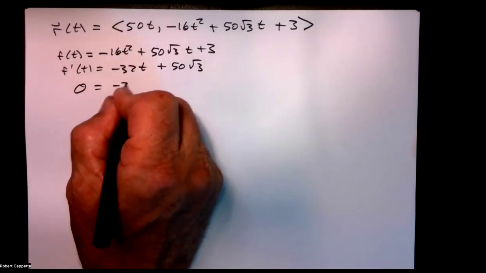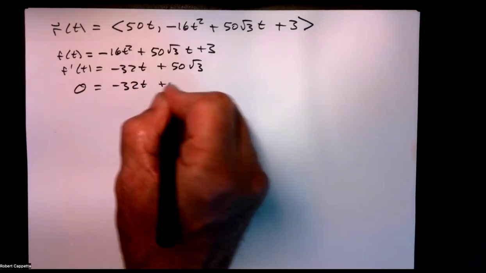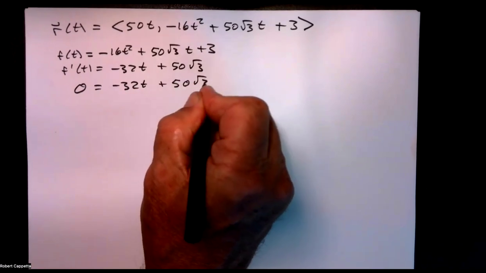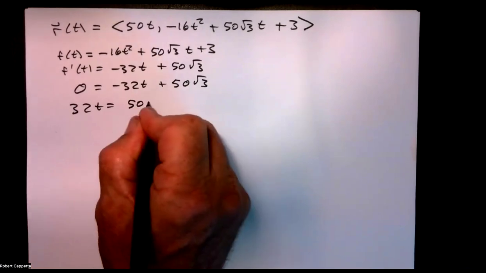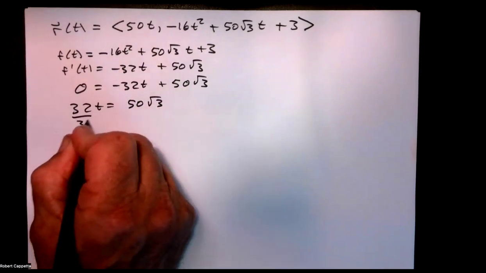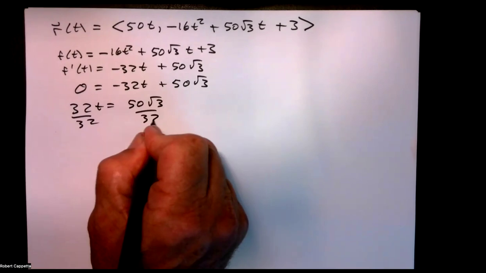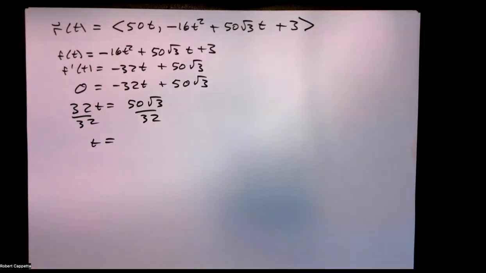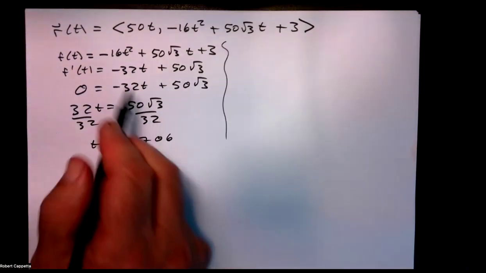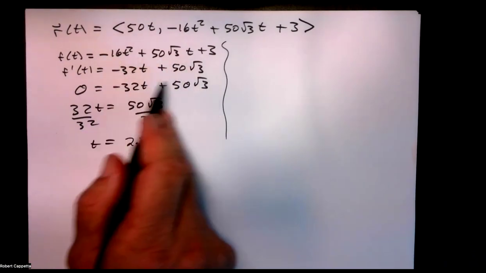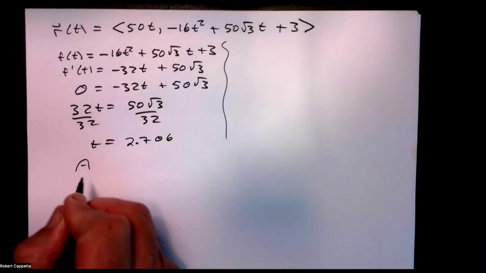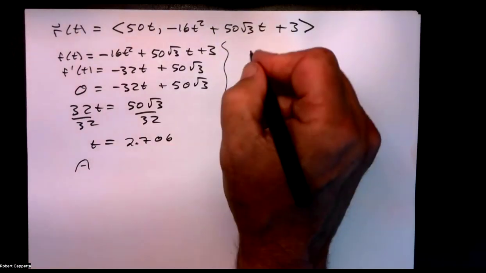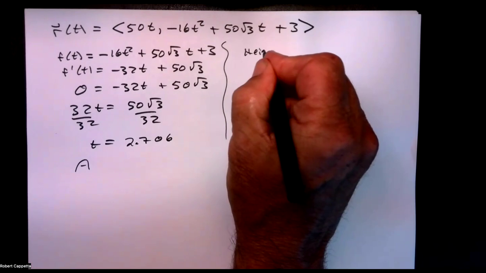We find a critical value, set the first derivative equal to 0, as we go back to previous calculus courses. And solving that using our usual strategy, we get the value for t. And we recognize by the second derivative test that it's negative, so we know that we have a maximum. So the height is maximized when t is 2.706.